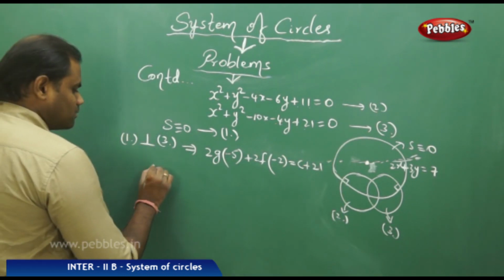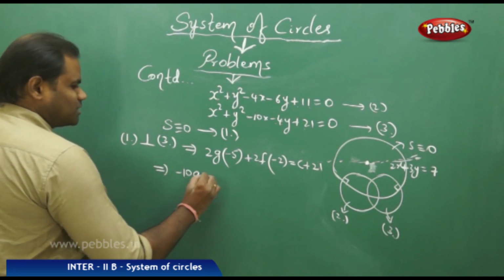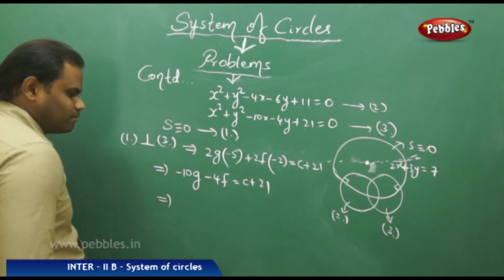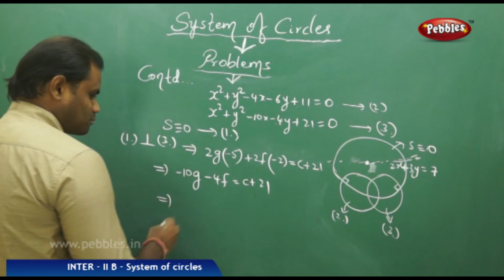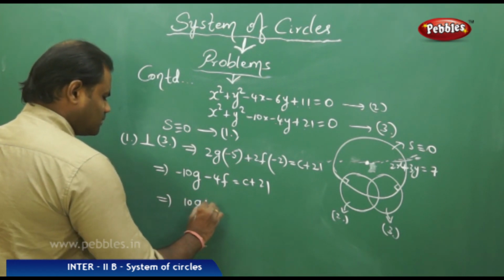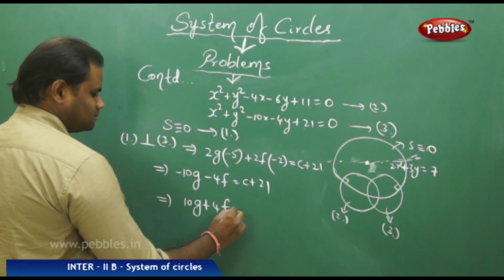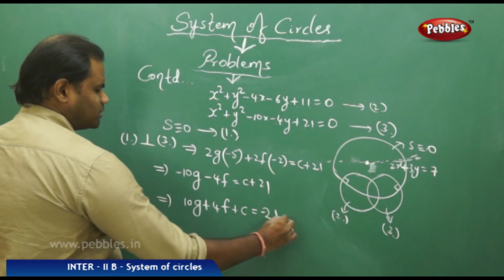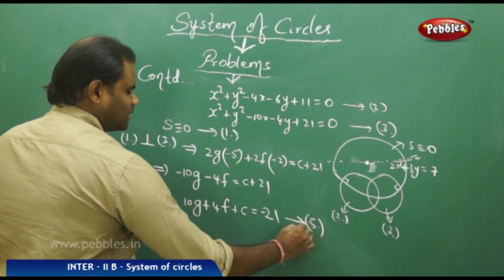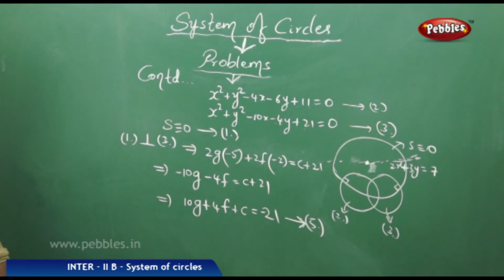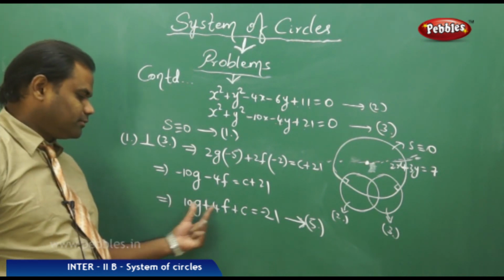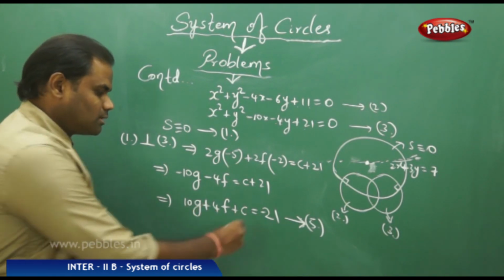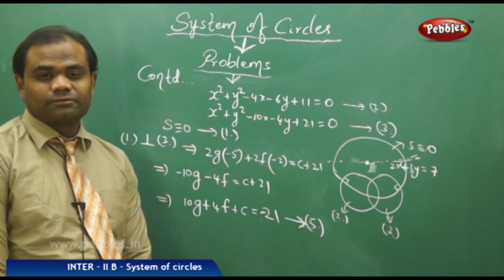Now this on further simplification gives minus 10g minus 4f is c plus 21, which on further simplification gives 10g plus 4f plus c equals minus 21, which I take as equation 5. So this on simplification gives an equation in three unknowns g, f and c, that is 10g plus 4f plus c equals negative 21, which is equation 5.